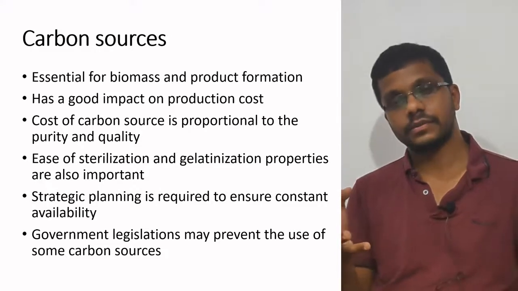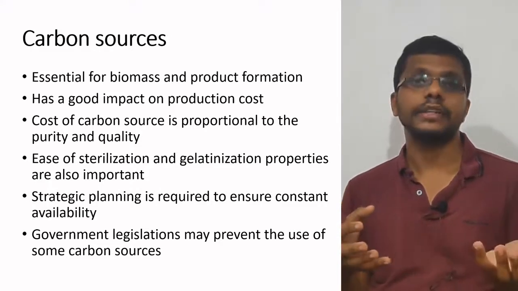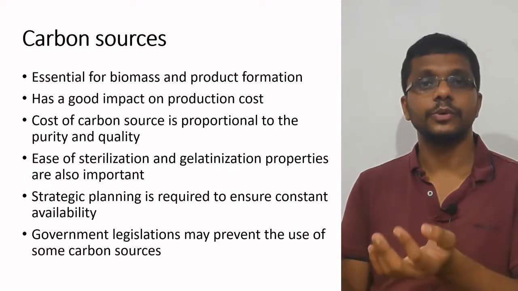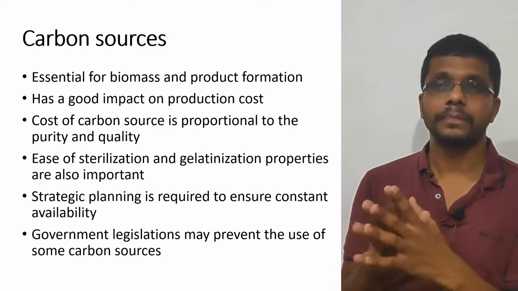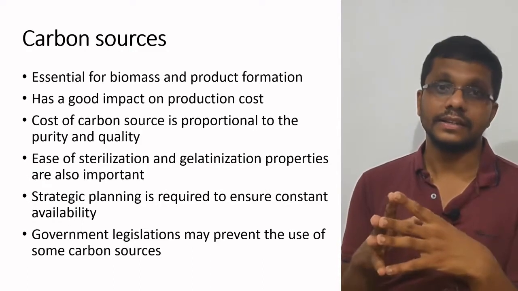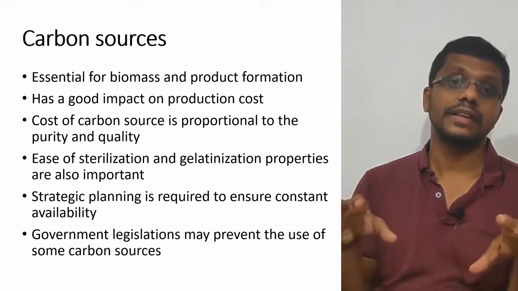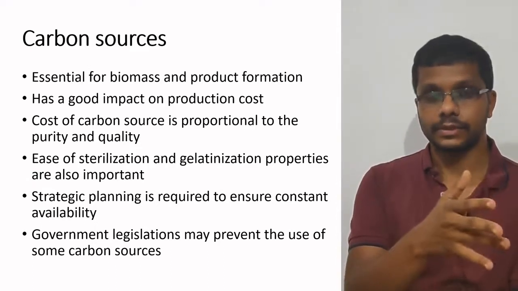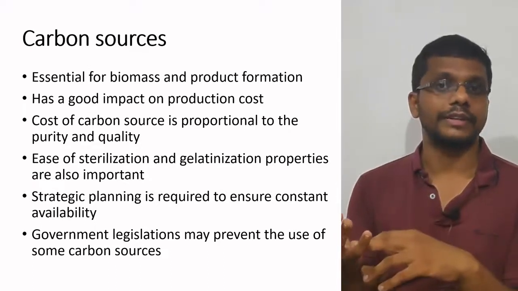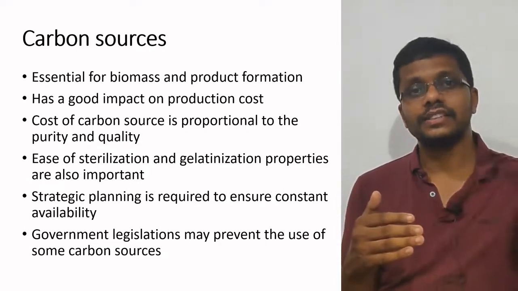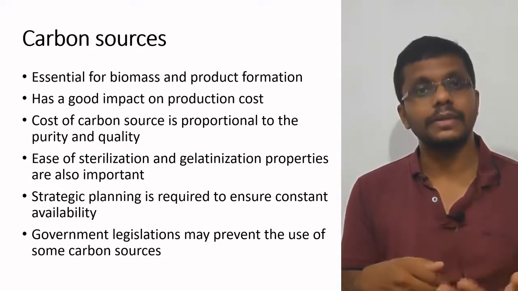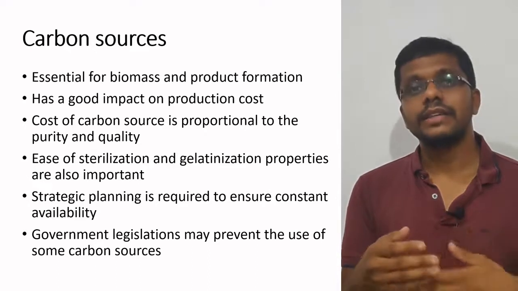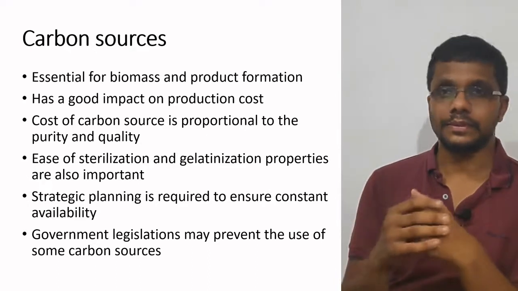So you are buying the rice from the market, and your industry is converting it to fuel ethanol. But if many industries are using rice as a carbon source and making ethanol out of it, the price of the rice will go up, and the availability will be low, and it will cause so many social problems.